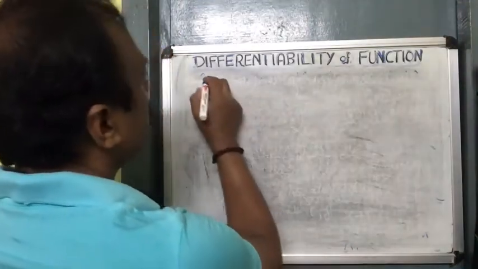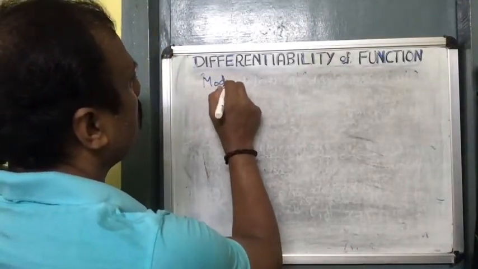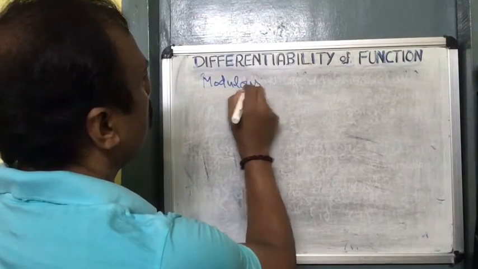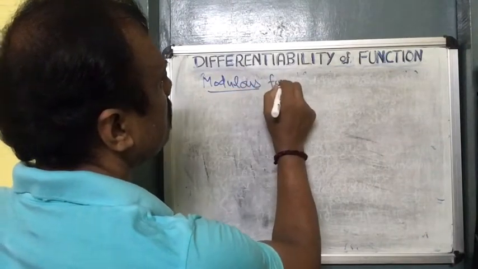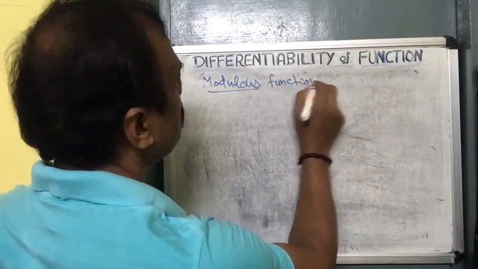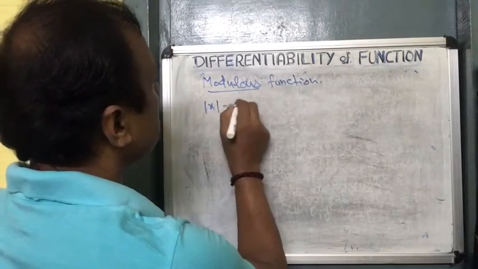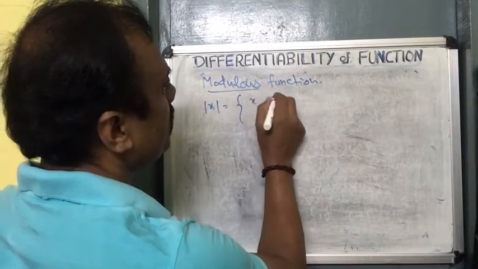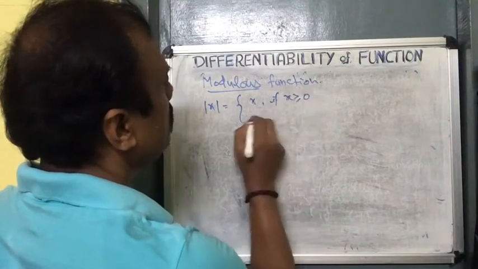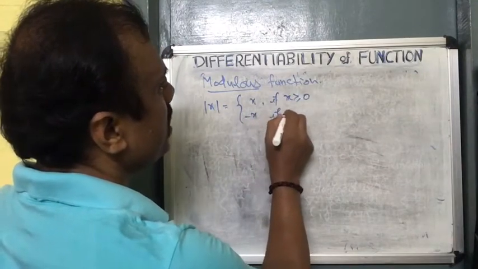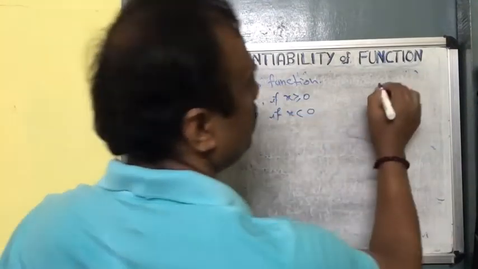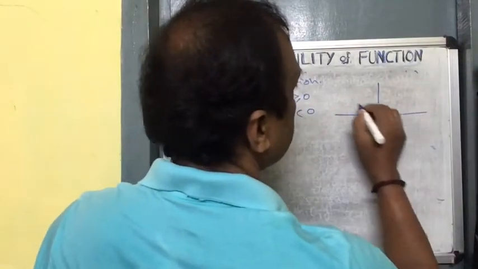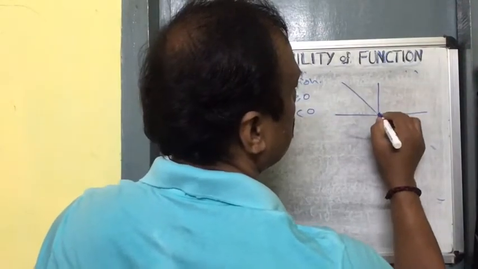I have a function, the modulus function. This is a very popular function, as you know, which is defined as mod x equals x if x is greater than or equal to 0, and minus x if x is less than 0. If we see the graph of this function, it is this one.